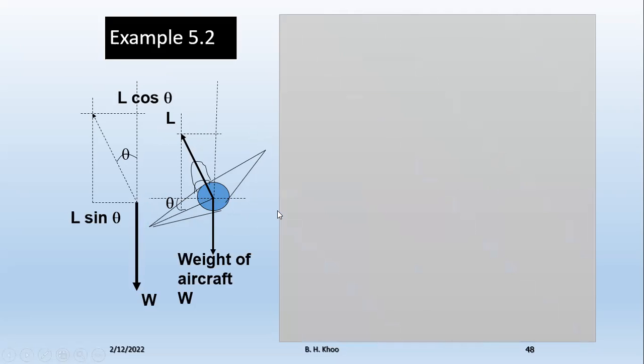Okay, so we can replace that lift. L is the lift, right? Provided by the aircraft because of the wings. So we can replace the lift with L cos theta that way.